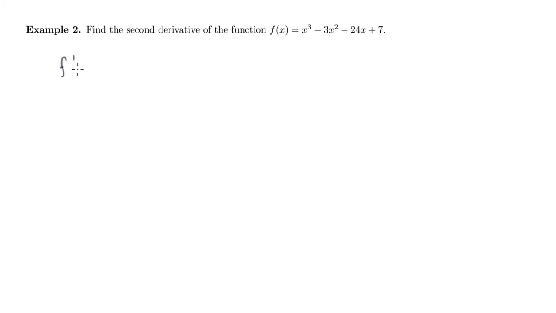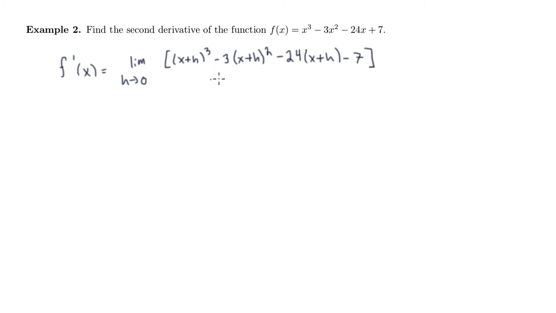So the first derivative is going to be the limit as h goes to 0 of x plus h cubed minus 3 times x plus h squared minus 24 times x plus h minus 7.